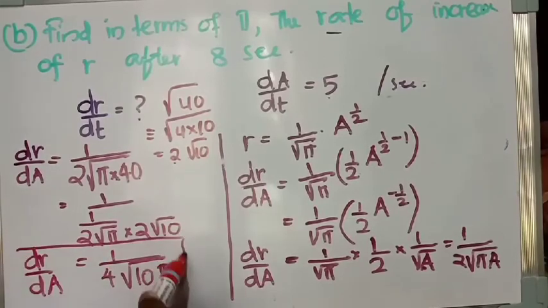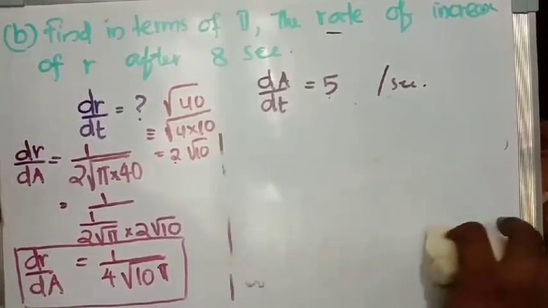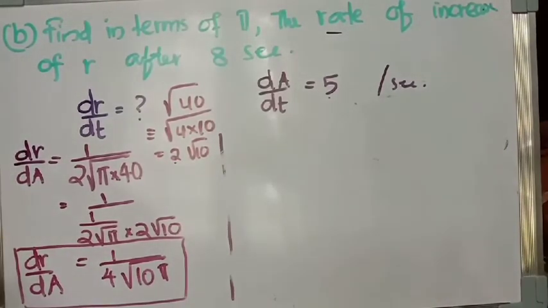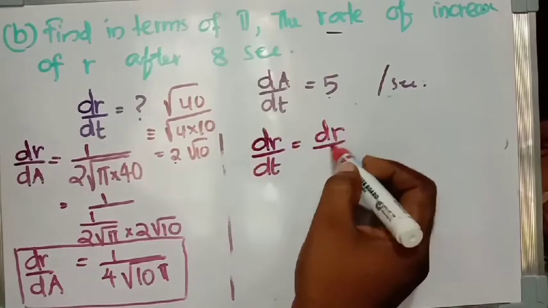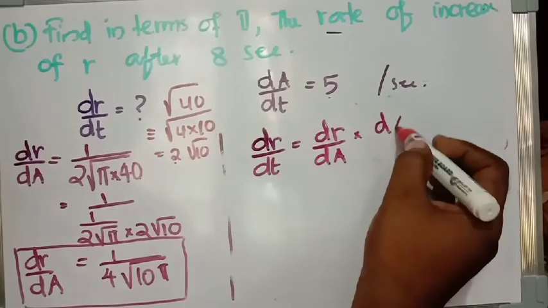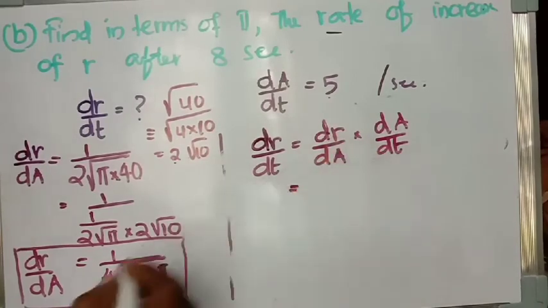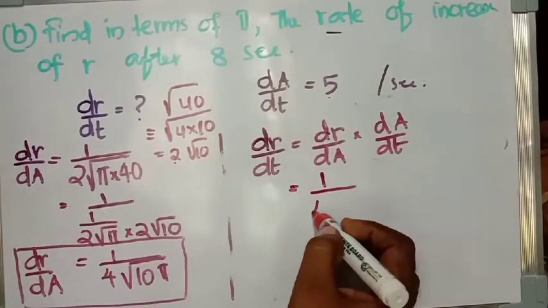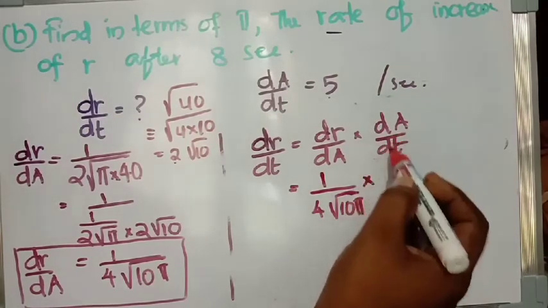So here careful calculation is required. That's it. Other than that, every work is similar to any of other rate of change questions. But this is not the answer. We want the answer as dr by dt. So let's calculate dr by dt now. We got all the required items. So dr by dt can be calculated as dr by dA multiplied by dA by dt, which is equal to dr by dA is here 1 by 4 root 10 pi multiplied by dA by dt is 5.